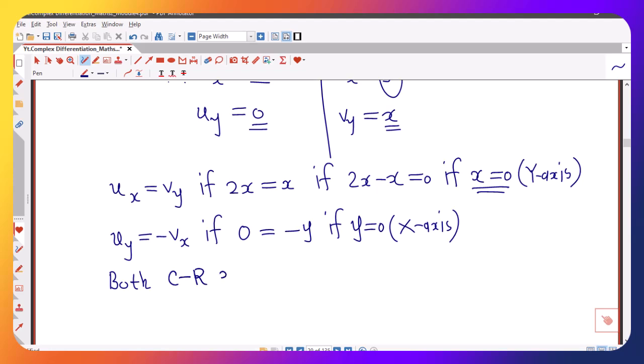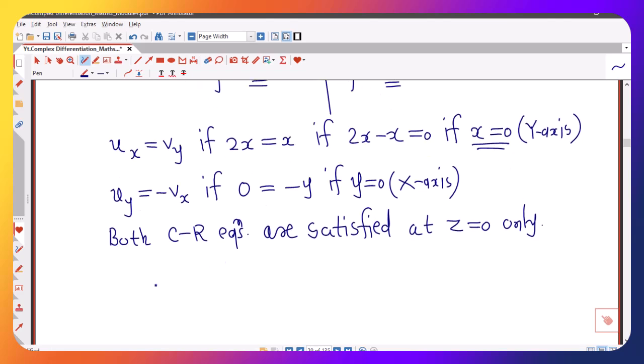Therefore both Cauchy-Riemann equations are satisfied at only one point, which is z equal to 0 only, and at every non-zero point the CR equations are not satisfied. Therefore the function is not differentiable at every non-zero point.